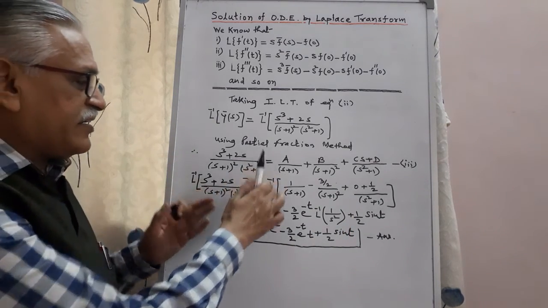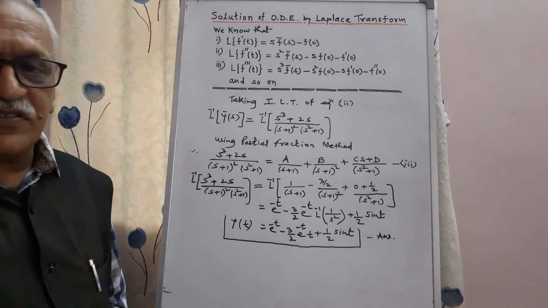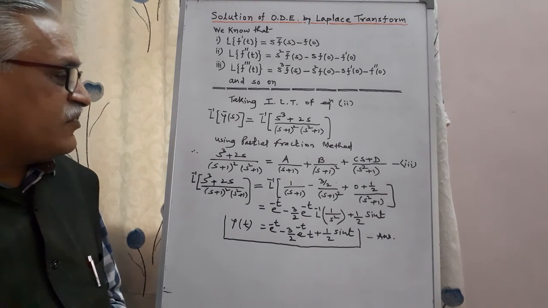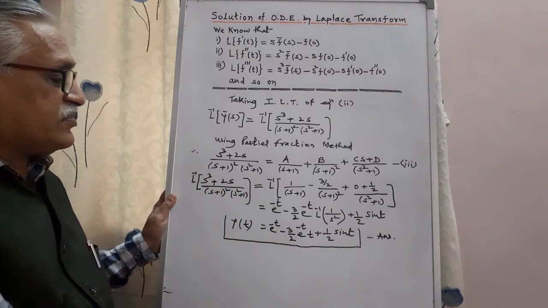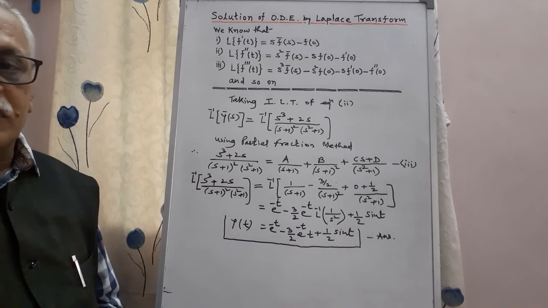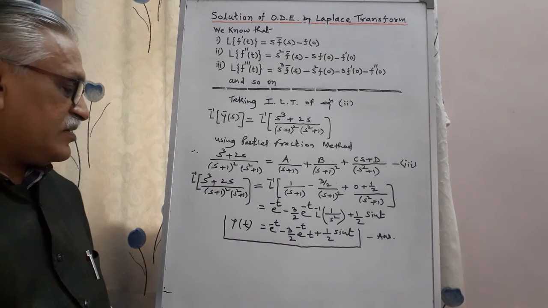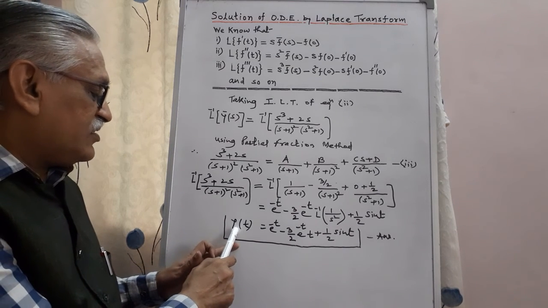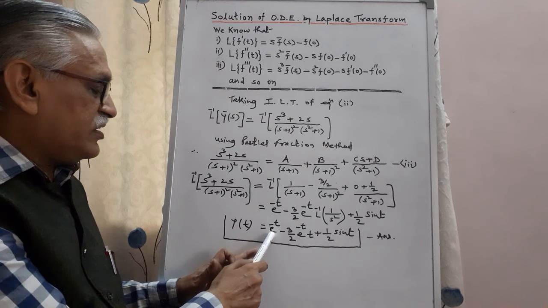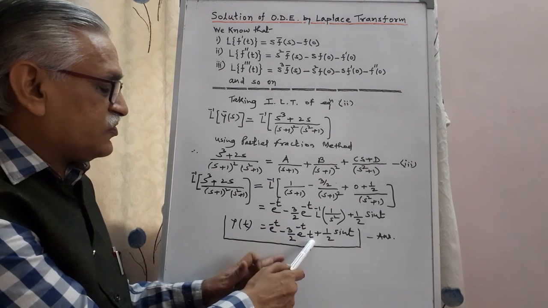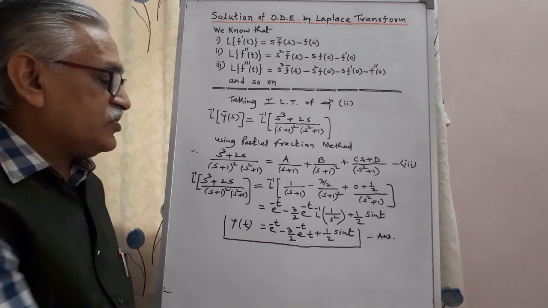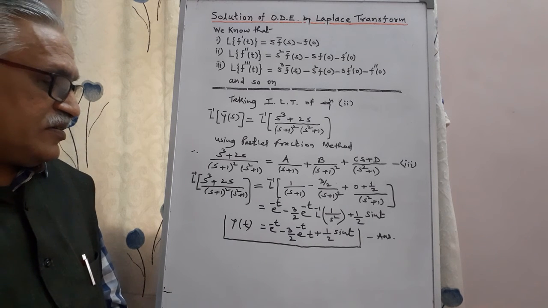Therefore, using that technique, as I have discussed in the earlier videos, we try to get the inverse by applying those two techniques. Therefore, we get the final answer as y of t is equals to e raised to minus t minus 3 by 2 e raised to minus t into t plus 1 by 2 sine t.